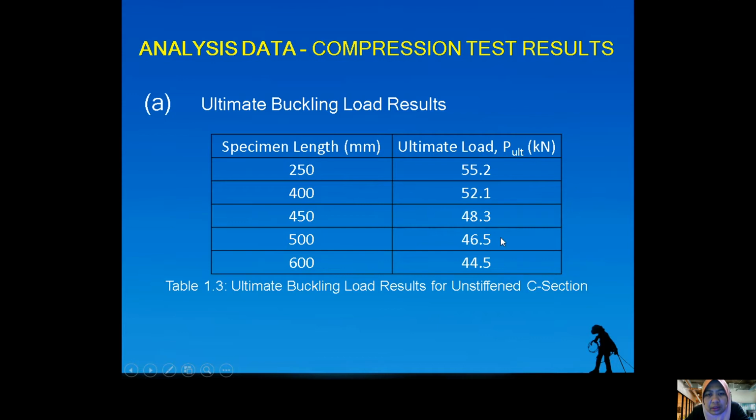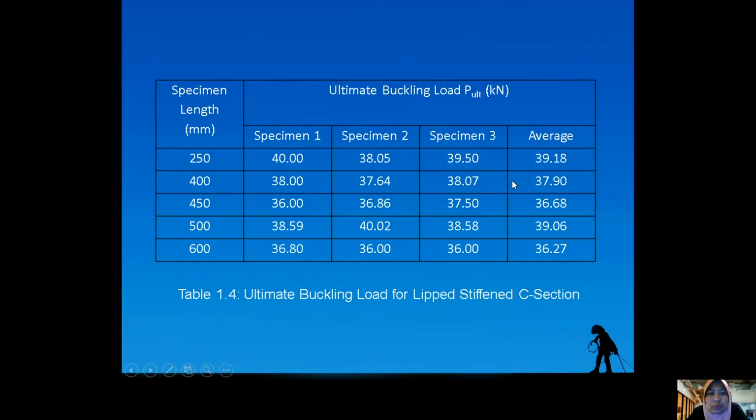For length 250, the highest buckling result is 55.2. This one is for the ultimate buckling load for the lip stiffened C-section.